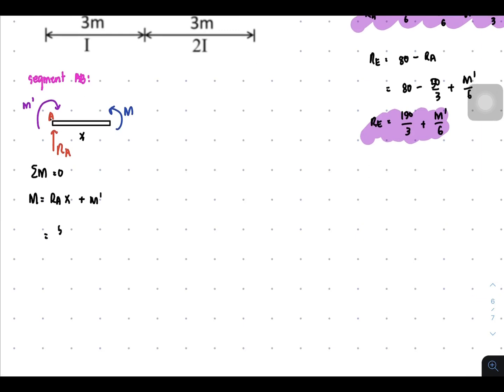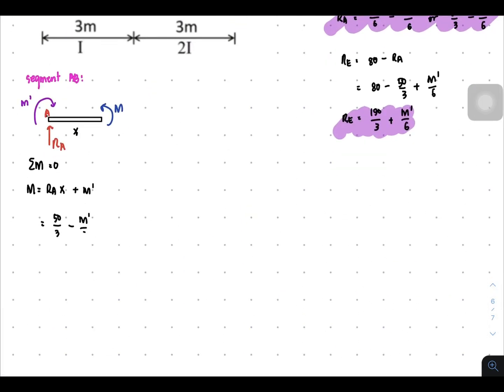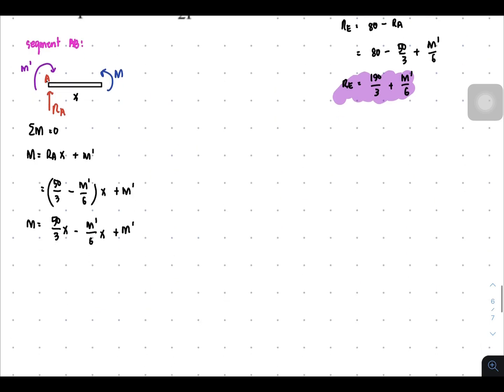And then RA is 50 over 3 minus m prime over 6 times x plus m prime. So m now is 50 over 3x minus m prime over 6x plus m prime.